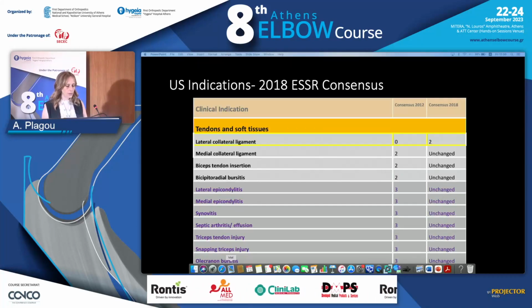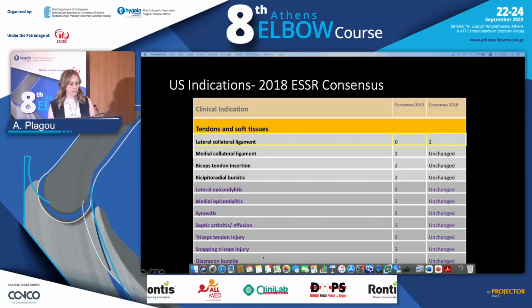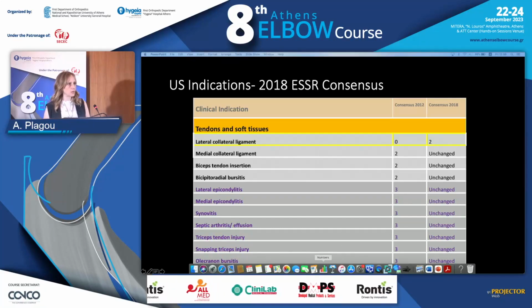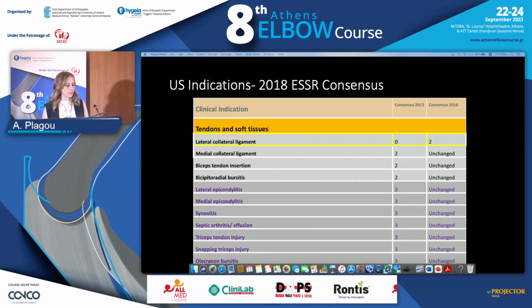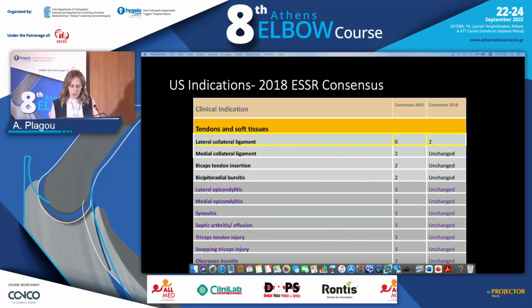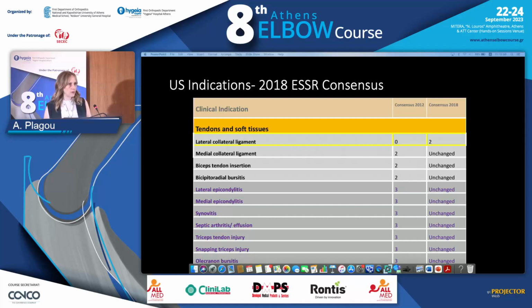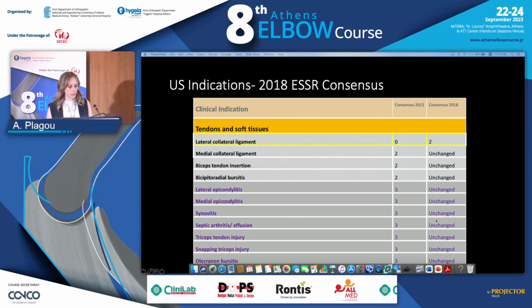For example, here you can see in cases of epicondylitis or triceps tendon injuries, ultrasound is the method of choice, while for collateral ligaments and the biceps tendon, MRI is also a very strong diagnostic technique, and in some cases is superior, especially in collateral ligaments, as we will discuss in the next slides.